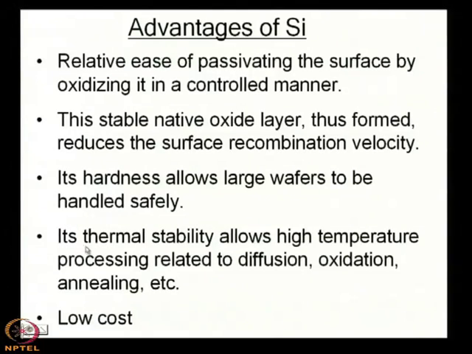Another thing is its thermal stability, which allows high temperature processing related to diffusion, oxidation, annealing, etc. High thermal stability means the processing temperature can be very high, because we discussed in our diffusion and implantation that particularly for diffusion, 1000 degree, 1200 degree centigrade temperature is required. For oxidation also high temperature is required.